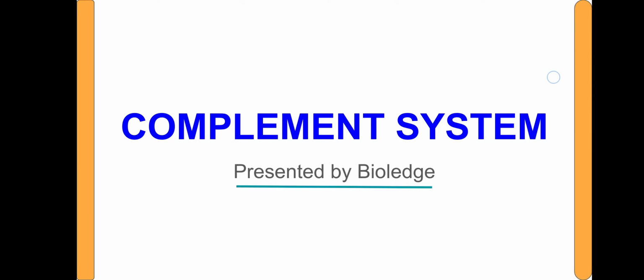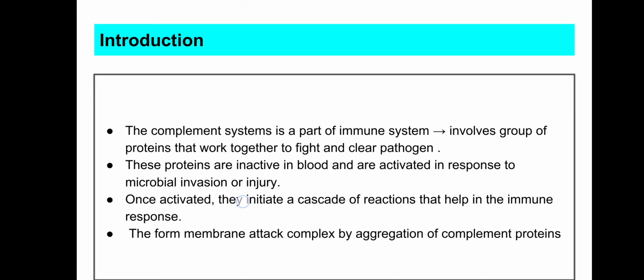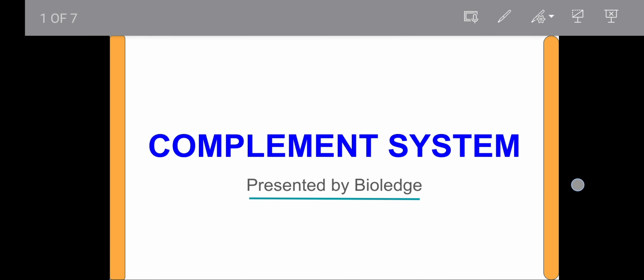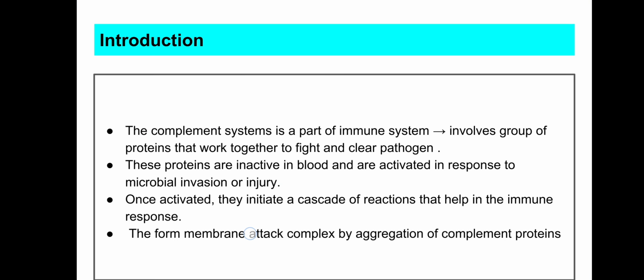So as I have already discussed, the complement system is part of the immune system, which involves certain proteins that work together to fight and clear pathogens. There are more than 20 types of proteins present in the complement system.